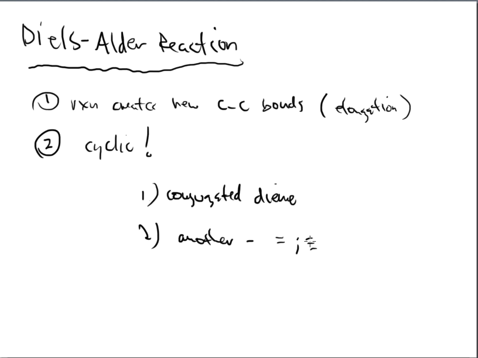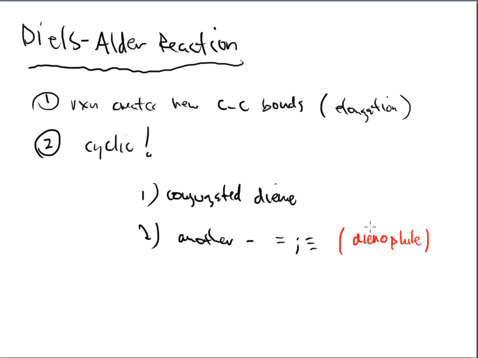This has a special term. Do you remember, an electrophile loves little electrons. A nucleophile loves to be neutral. This is going to be called a dienophile.